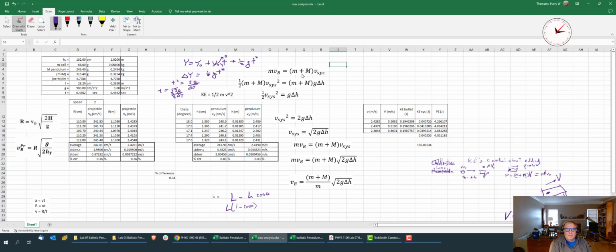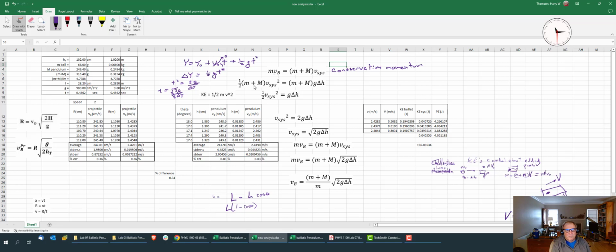Right, so this was from the conservation of momentum here. So we had the momentum before, the momentum after.